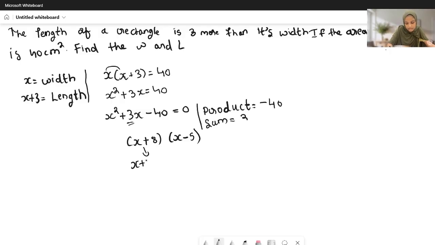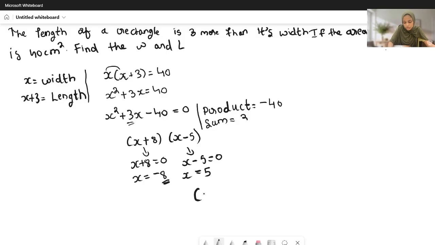So x plus 8 is equal to 0. We take 8 to the other side, so x is going to be minus 8. Same thing for x minus 5 is equal to 0, and we take 5 to the other side, so it's going to be positive 5.